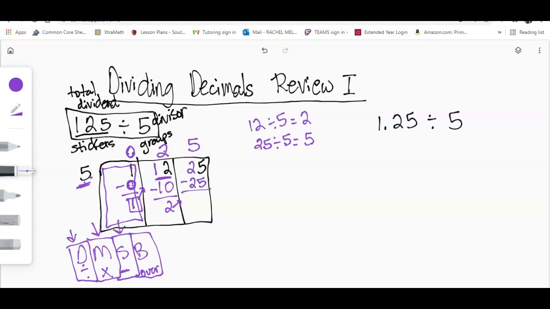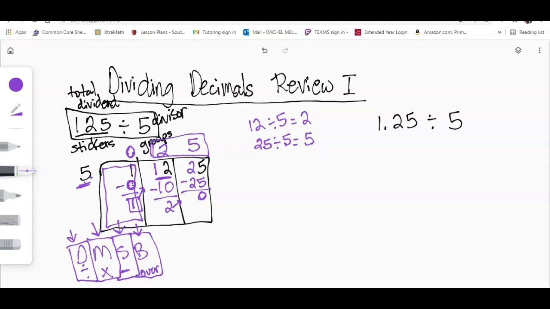Then I subtract. And then I bring over. Well, in this case, I do not have a remainder, and so I'm done. I don't have to do that last step in this column. So I have found my answer of 25 groups of stickers.